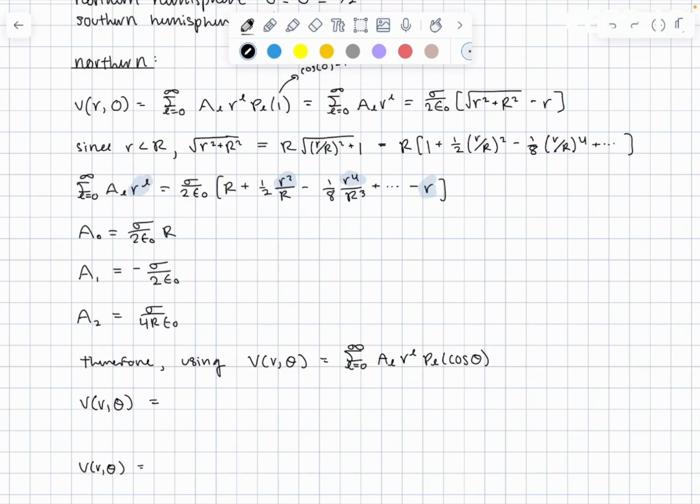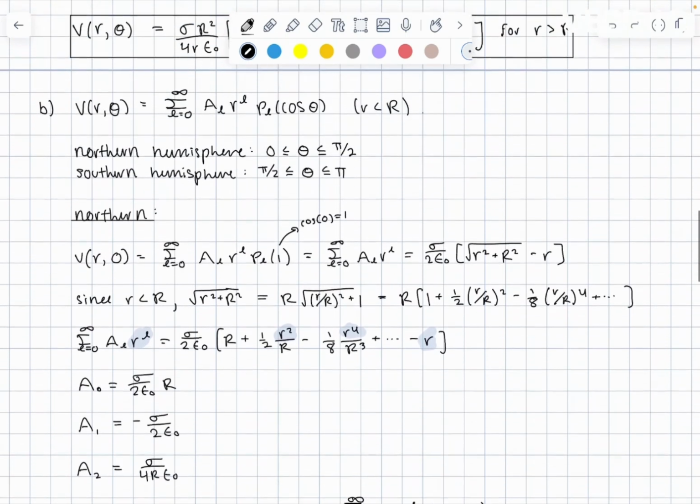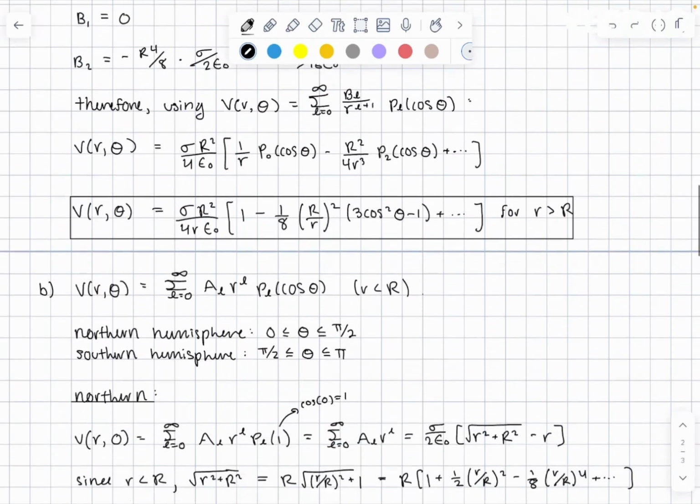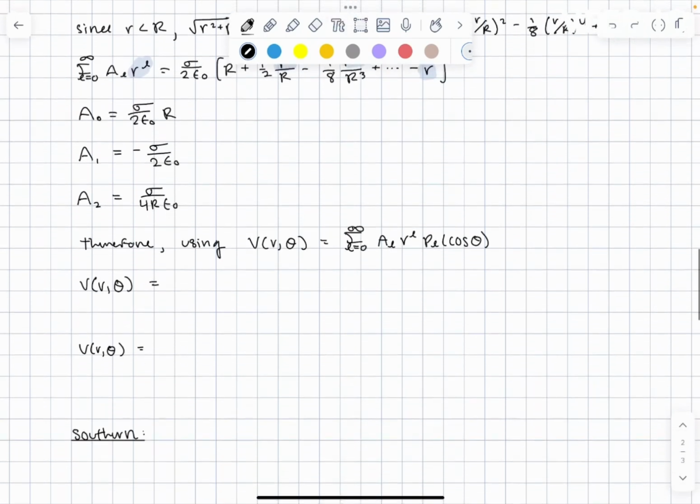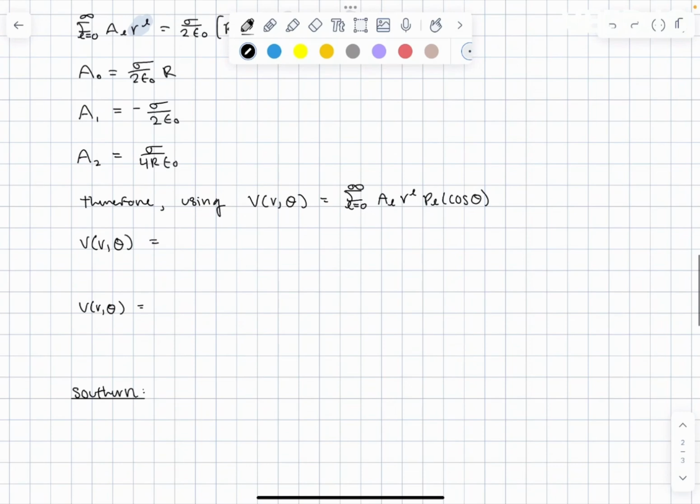Okay, and so then, again, using our equation right here, we can just say that v of r theta for any r and any theta is going to be equal to, actually let's just write it like this first, sigma over 2 epsilon naught times big R, and then R to the 0. So I'm just writing this to be more explicit.